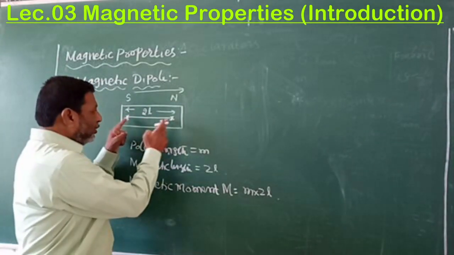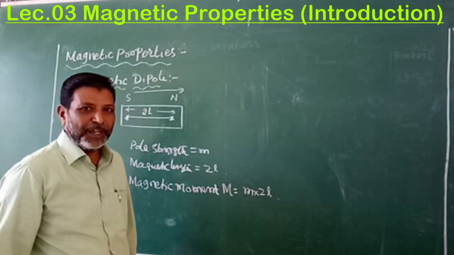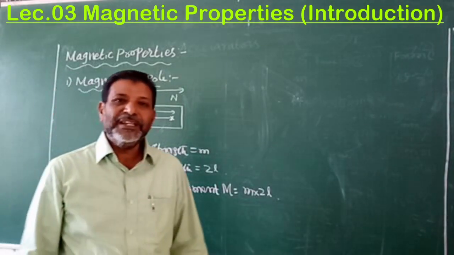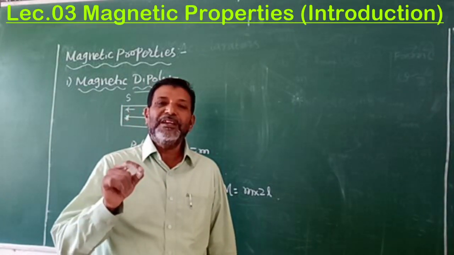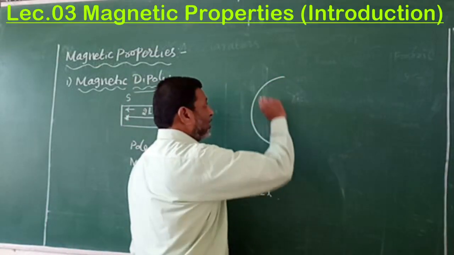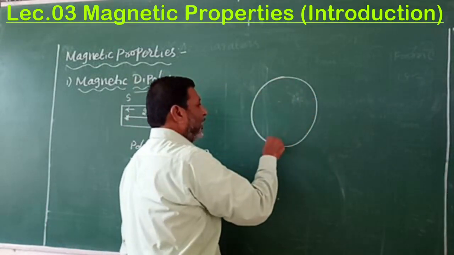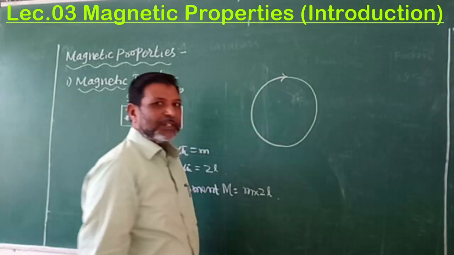These two are separated by some distance, hence it is a magnetic dipole. The second is a circular loop carrying current, which will act like a dipole.